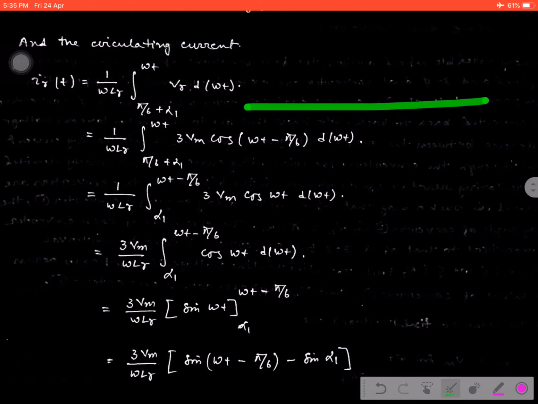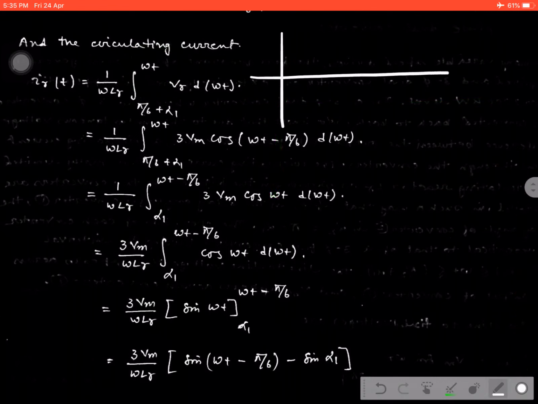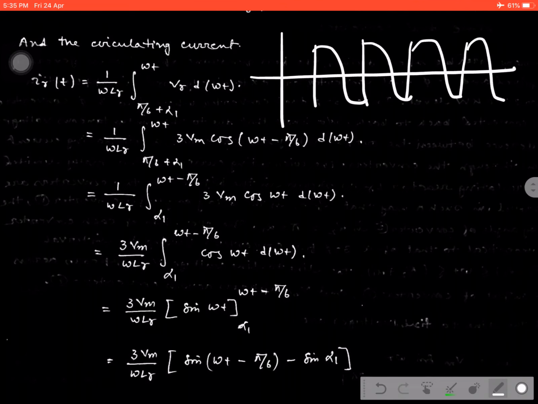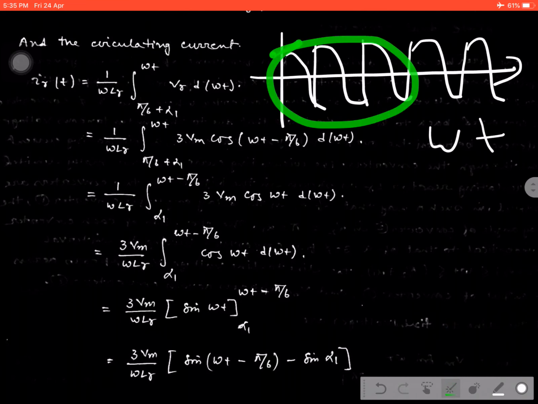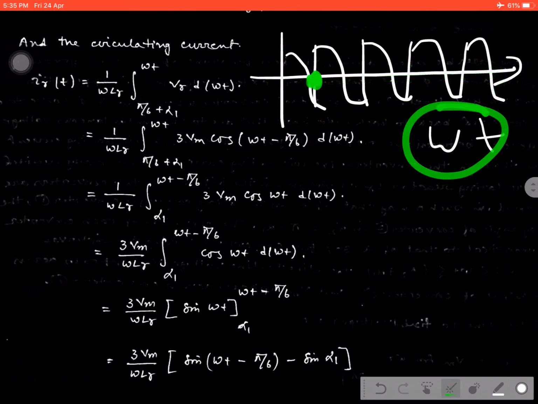As the circulating current waveform develops in each cycle like this, the voltage is developed like this, and this voltage is responsible for creating the current along the ωt axis. So we cannot define it in a particular confined region; it is defined along the ωt axis, starting from the π/6 + α1 point to ωt.